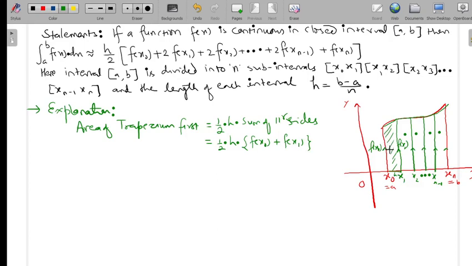This is the area of the first trapezium.